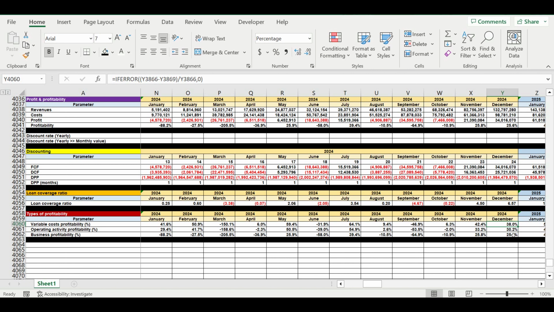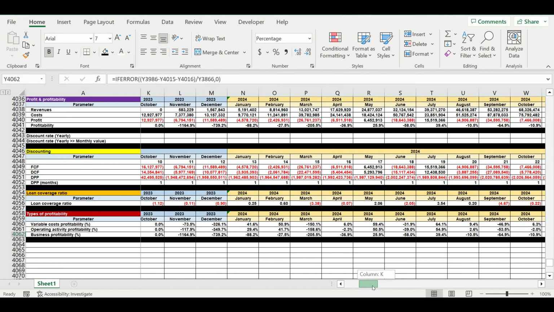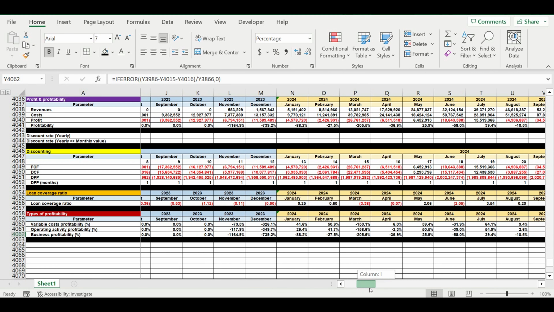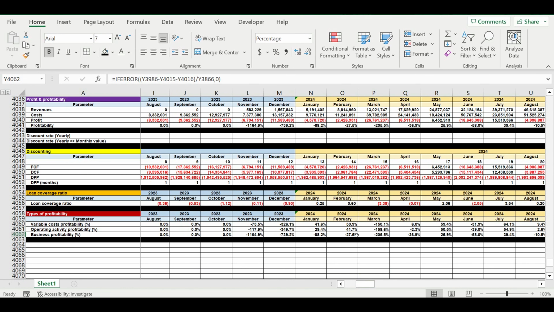Then if we look at how the level of profitability significantly drops from this value to this value, so for example here it is positive, and then negative.